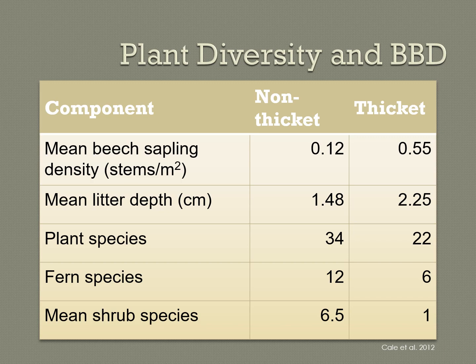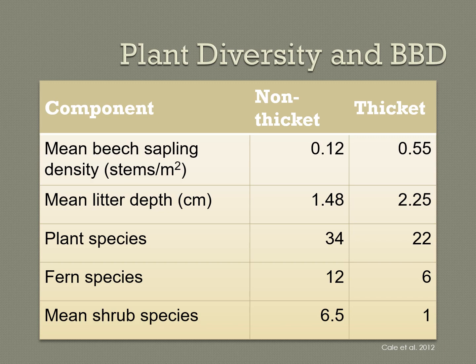And the litter depth on average was higher in the thicket, suggesting that deeper litter is probably coming from the beech, which is perhaps slower to decompose than some of the other leaves and debris that might have an impact on seedlings and wildflowers that are establishing in the forest floor.